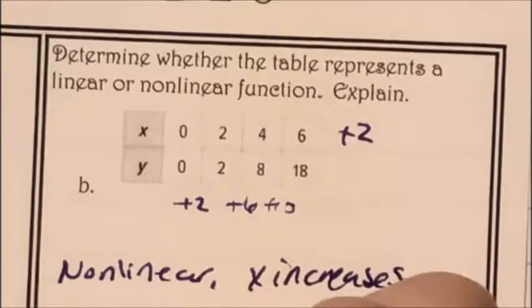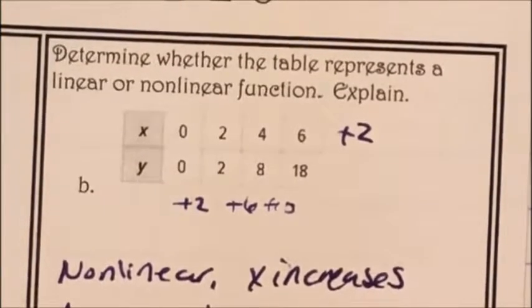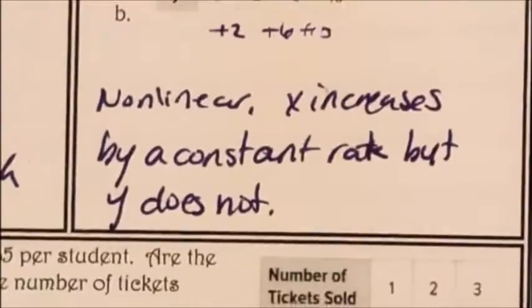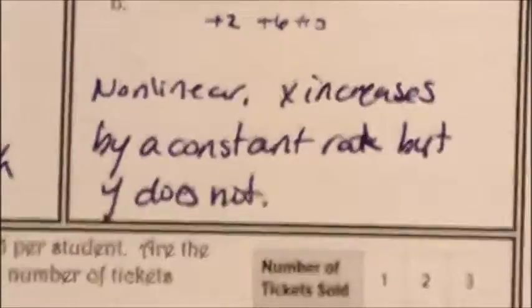X increases by a constant rate, but y does not. Again, don't forget you need to explain why it is a linear or nonlinear function.